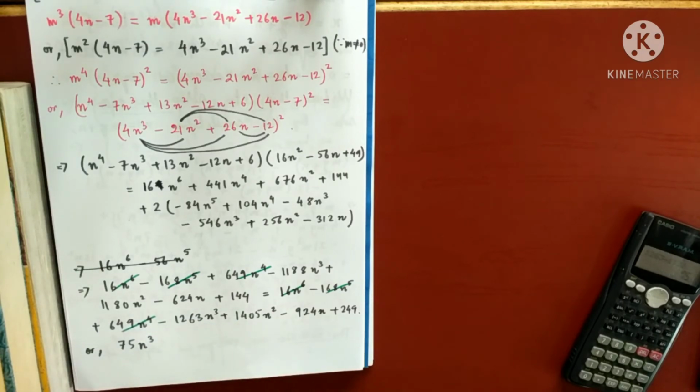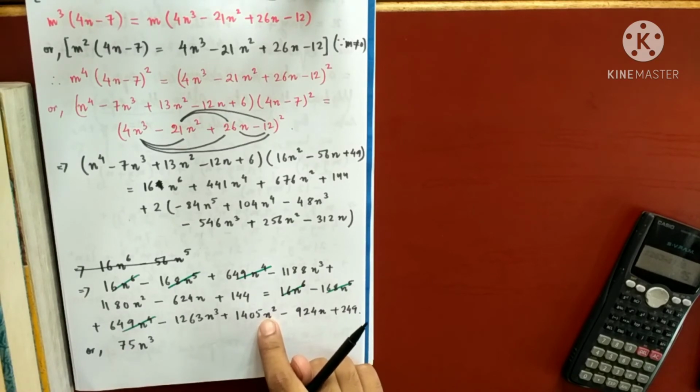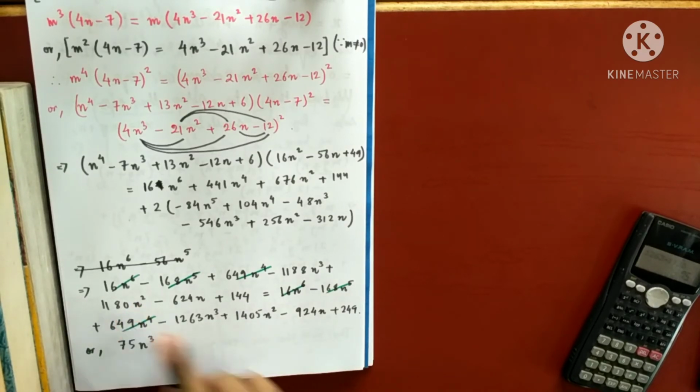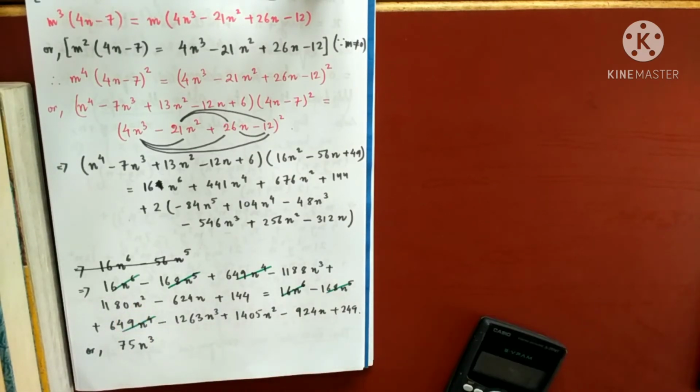right? And then this n square with this n square, right? So what are we getting? 1180 minus 1405. So minus 1405 plus 1180. What are we getting?